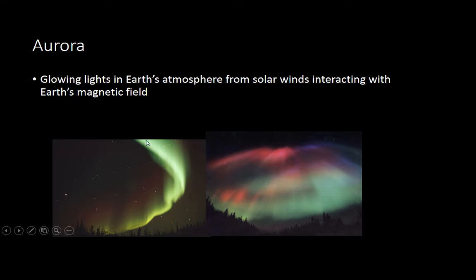And depending on what element they hit, if it hits nitrogen or oxygen or whatever, it's going to glow a different color, just like different elements in a neon light glow different colors. So auroras, or the northern lights, are glowing particles of our atmosphere that interact with the solar wind that comes from space.